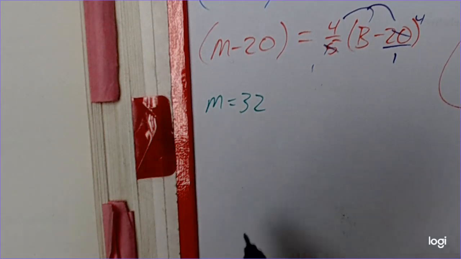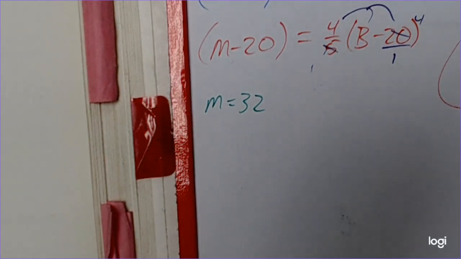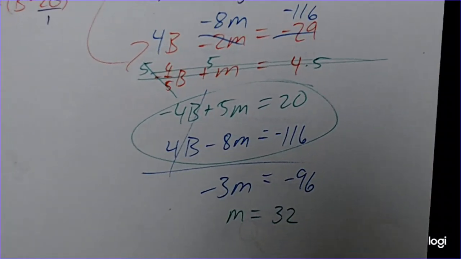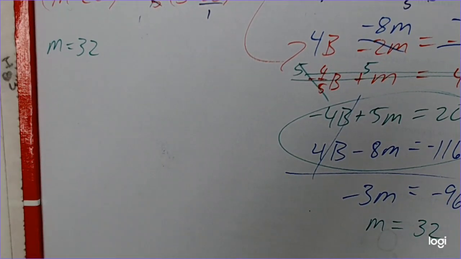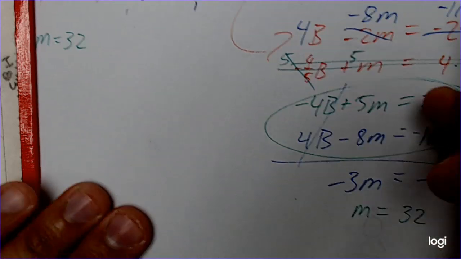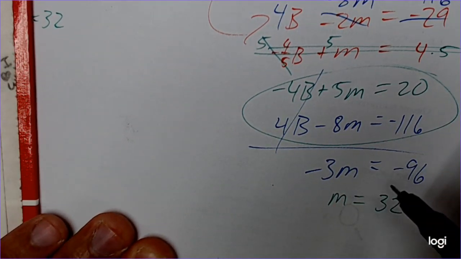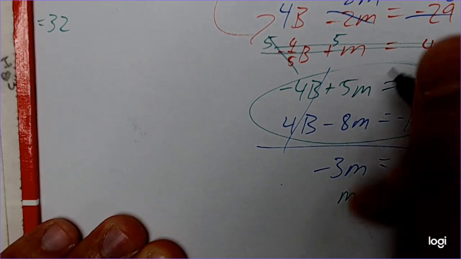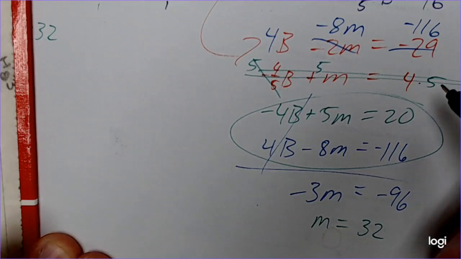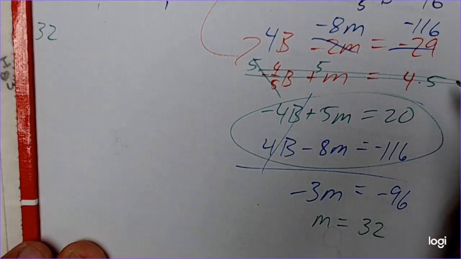Well, let's just go back into one of these equations, preferably one of these two bottom ones over here, because those are the simplest. So if m is 32, let's solve. Oh, you know what? I'm going to use this red one, because this red one was pretty simple. It was just b minus 2m equals negative 29.